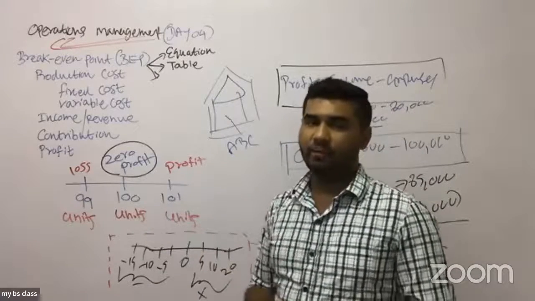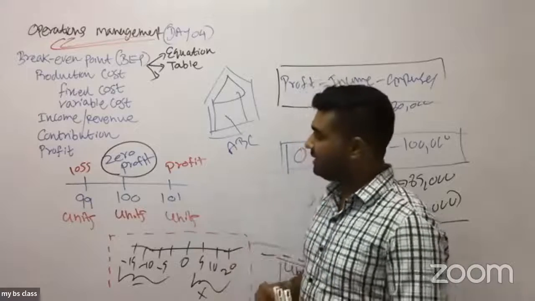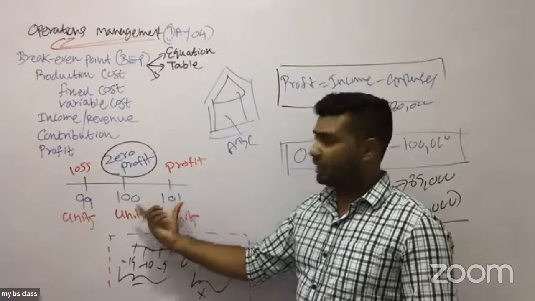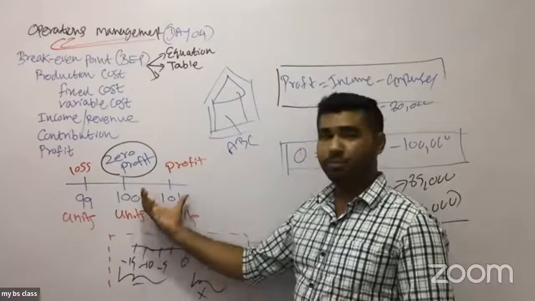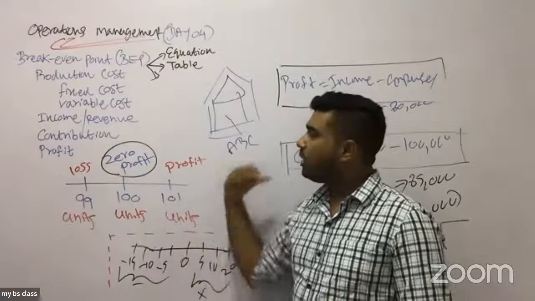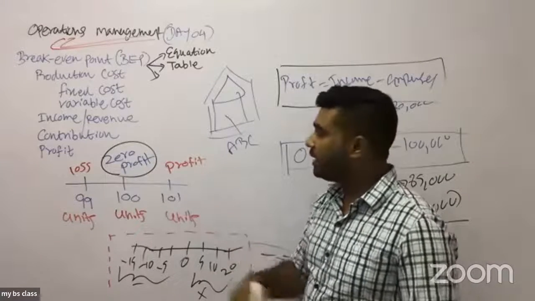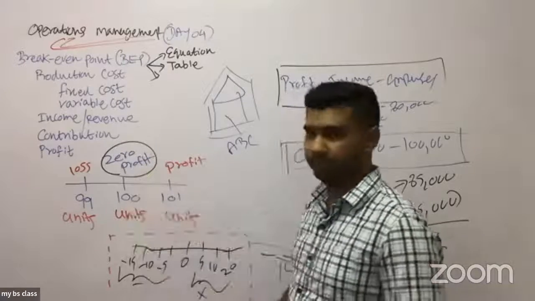Now what is the break even point? Break even point is the point where you will be producing number of units. So once you produce that number of units, your profit is 0, right? Or the number of units where your profit is 0.